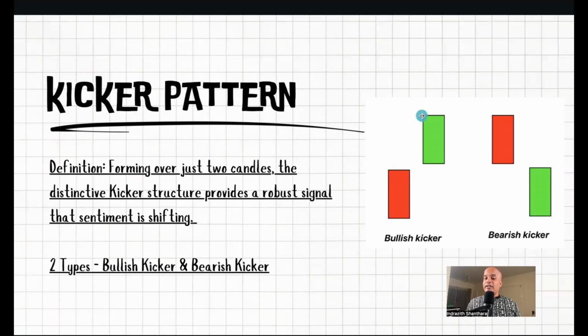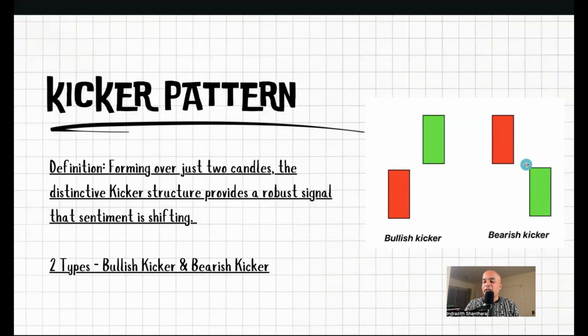So this indicates that all the sellers are trapped at this level. The sellers in this particular candle are completely trapped, and they don't have power, which means there is a strong change in momentum. So take any stock, look for any important reversal, either upside or downside, and you will see this pattern, okay? It occurs very rarely, but whenever it occurs, it is very powerful, friends.